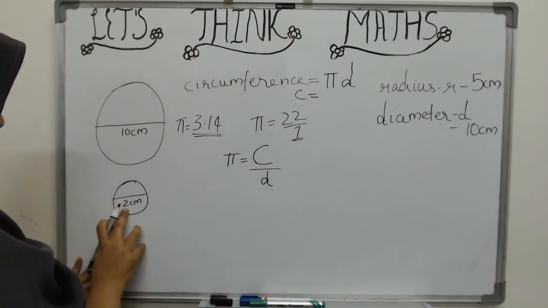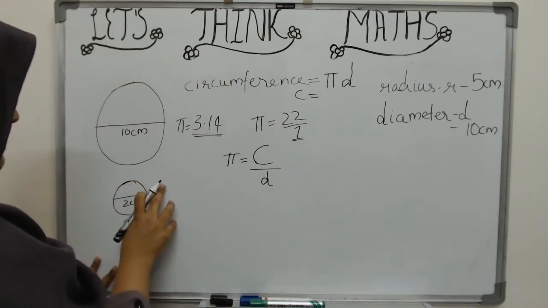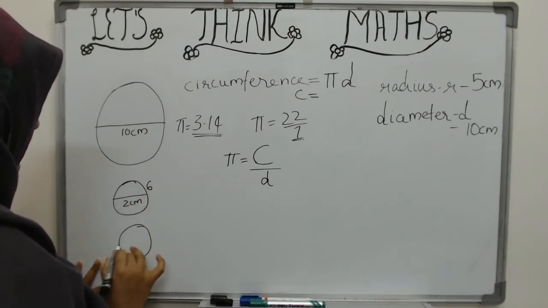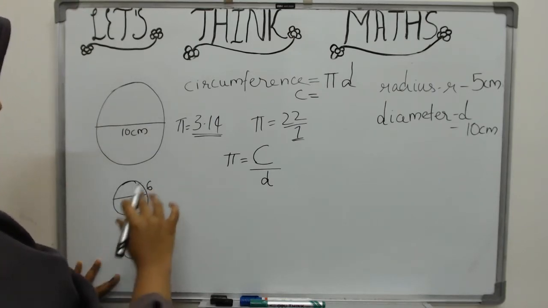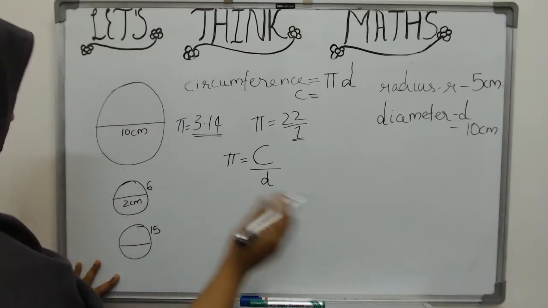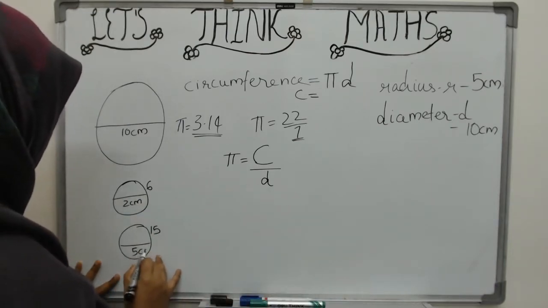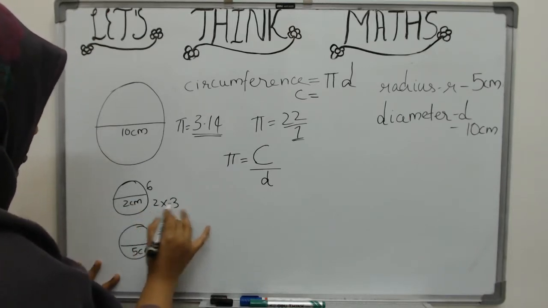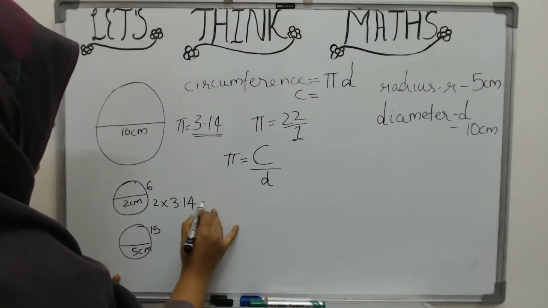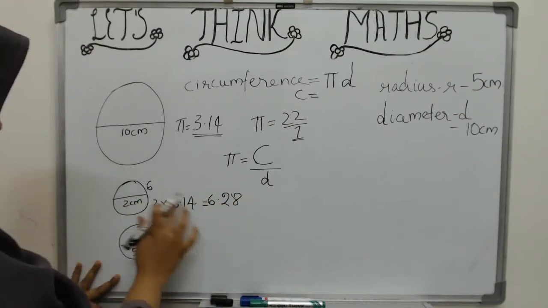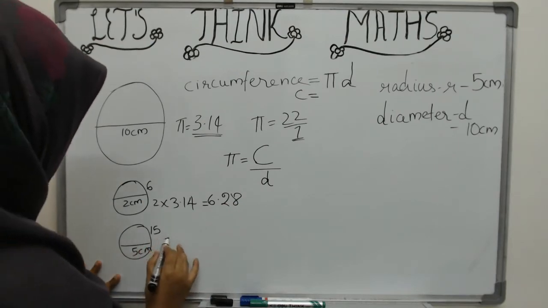So, if the diameter here is 2, then the circumference will be approximately 6. If the diameter here is 5, then the circumference will be approximately 15. And why do I keep on saying approximate every time? Because the correct answer is 3.14, not 3. It is this, which is actually 6.28.